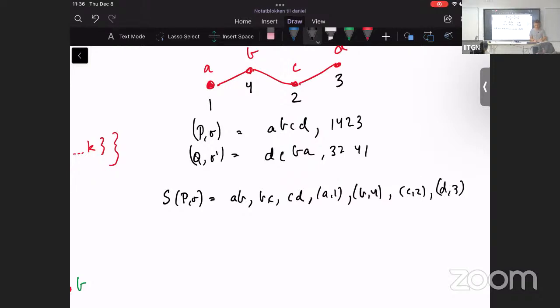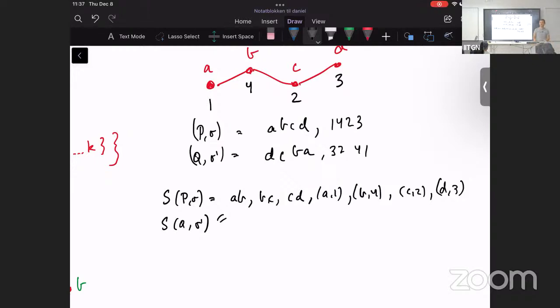Yes, and S of Q sigma prime is the same. And what does it mean to recover the path from this? You recover the pair P sigma and Q sigma prime. Yes, because P sigma and Q sigma prime are me and me reversed.